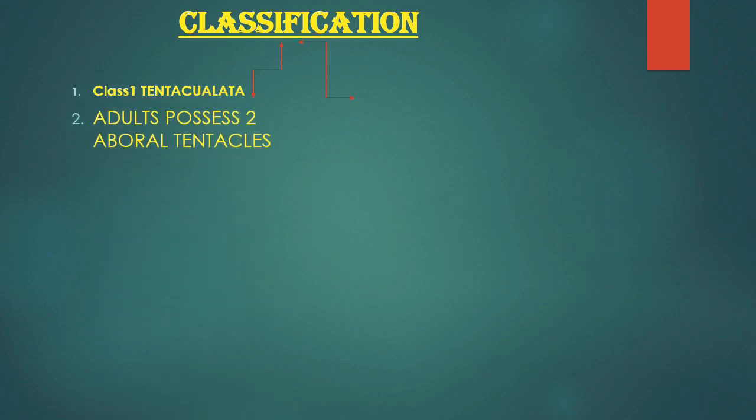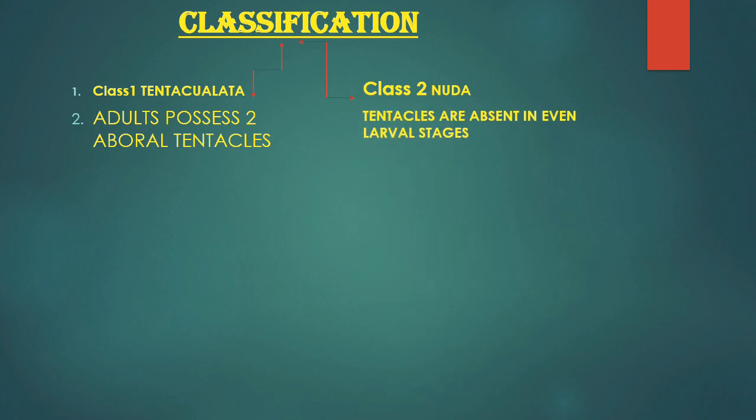Now coming to the classification, there are two classes of ctenophora. First is Tentaculata and the other is Nuda. Tentaculata, as the name suggests, are the ctenophores which have tentacles, how many tentacles? Two tentacles in the adult form.